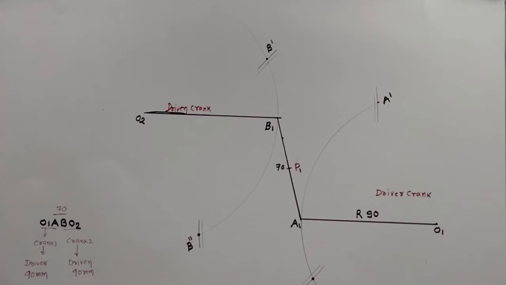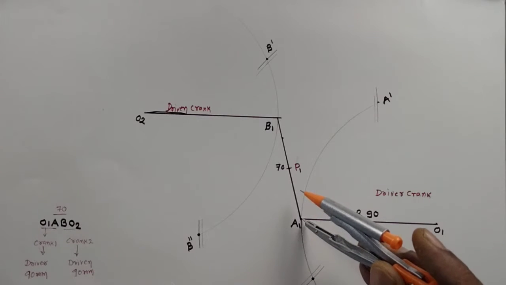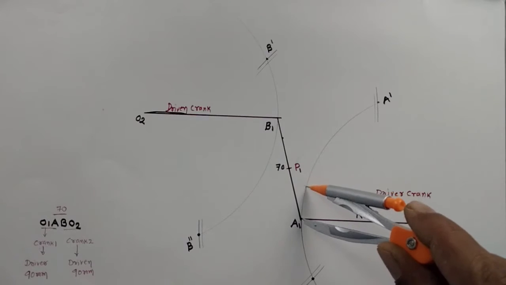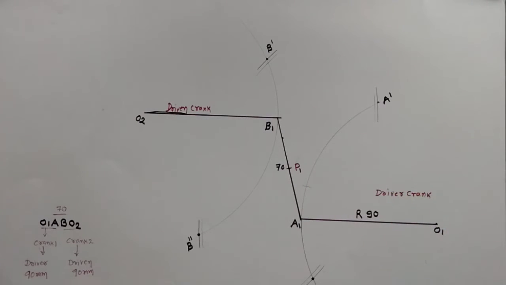Now you choose some 1 centimeter, 10 mm radius and you can divide your driven crank path. I am going to divide this driven crank path.